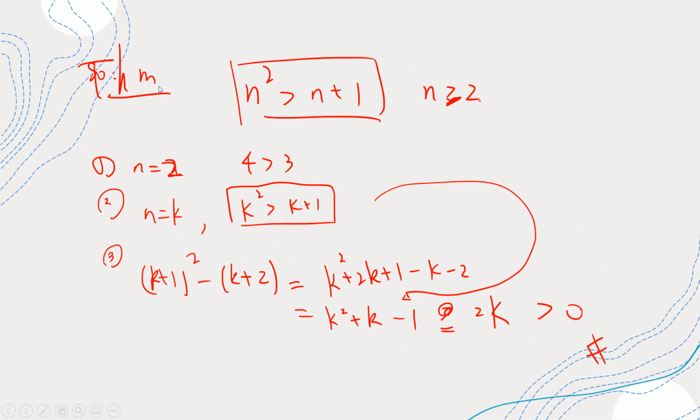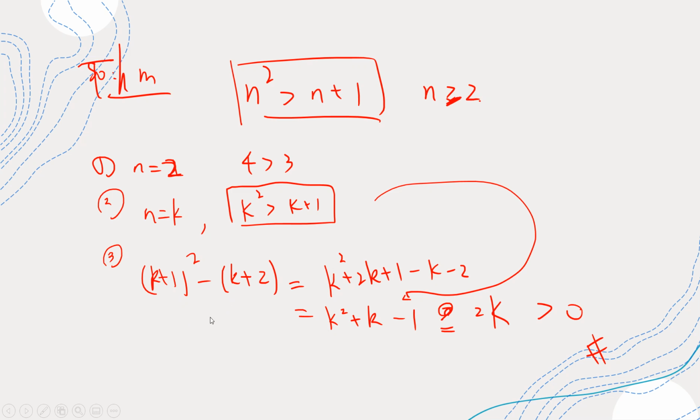Okay, the final theorem, which is also trivial, says that for n greater than or equal to 2, n squared is greater than n plus 1. So n equals 2: 4 is greater than 3. For n equals k, k squared is greater than k plus 1. Now n equals k plus 1: we want to show that (k plus 1) squared is greater than k plus 2.